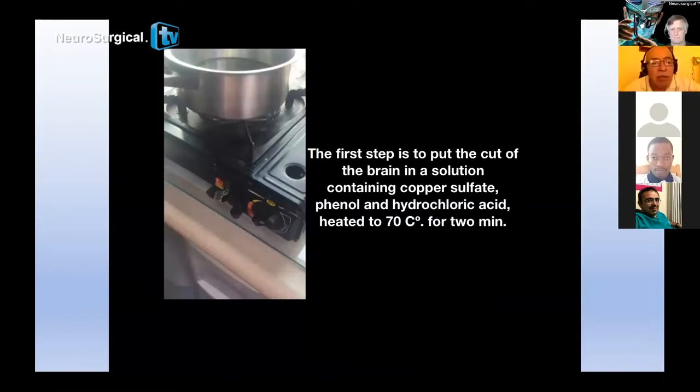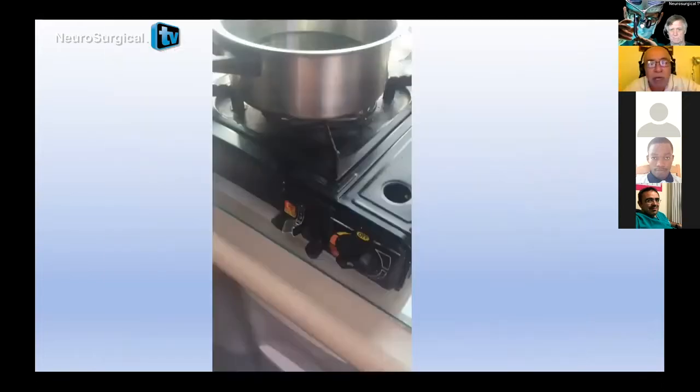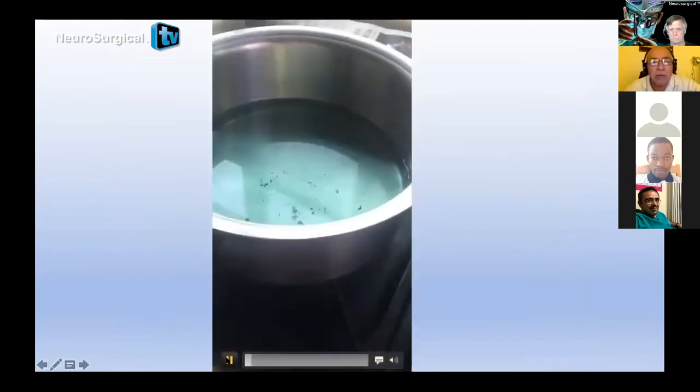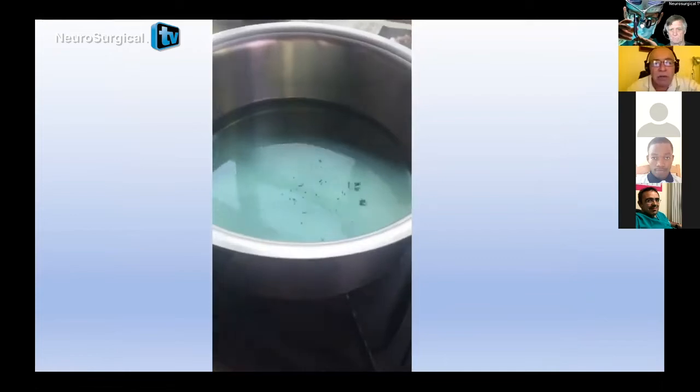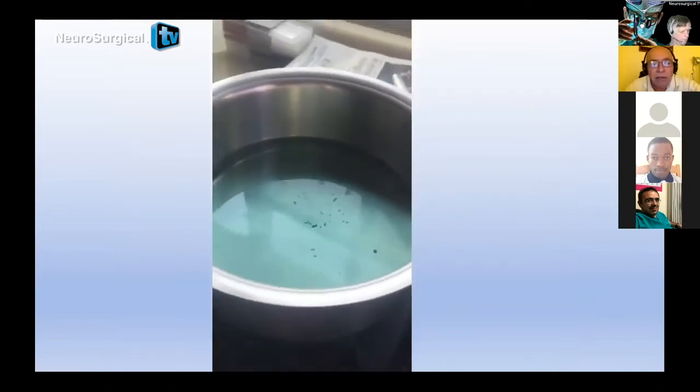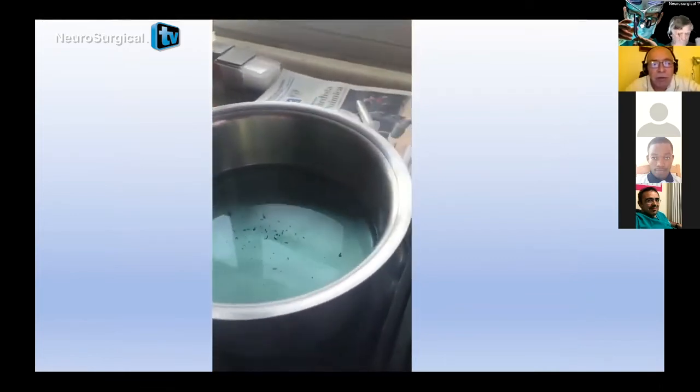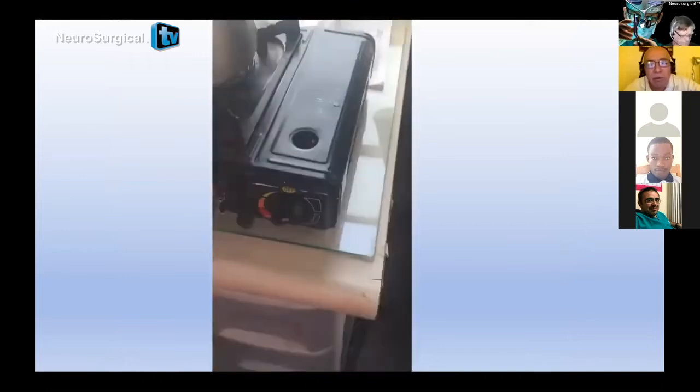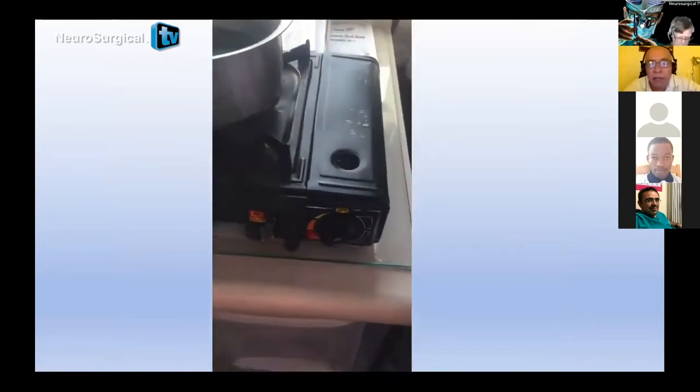I think the most difficult thing to get is a very well fixed brain, in order to make good cuts. You also need some heat, 65 degrees. This is Mulligan with copper sulfate.